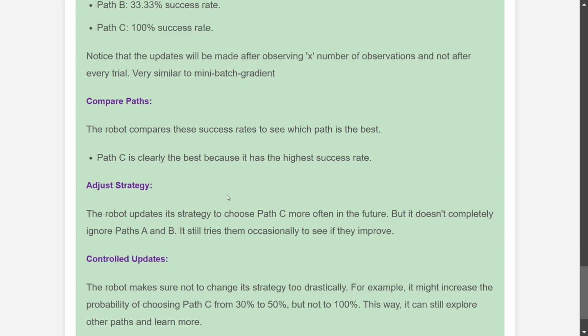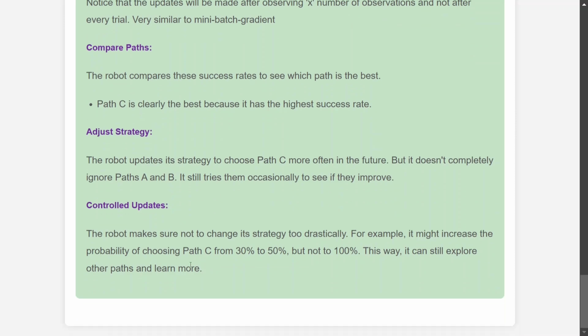Now, eventually, after running through this batch of observations, it will update the policy, the algorithm that chooses the action, so that it prefers path C more as compared to paths A and B. But it should not be preferring just path C, because there is a concept called exploitation and exploration in reinforcement learning, which states that you should be exploring as well, because there might be a case that you might get a better approach if you explore a new path.